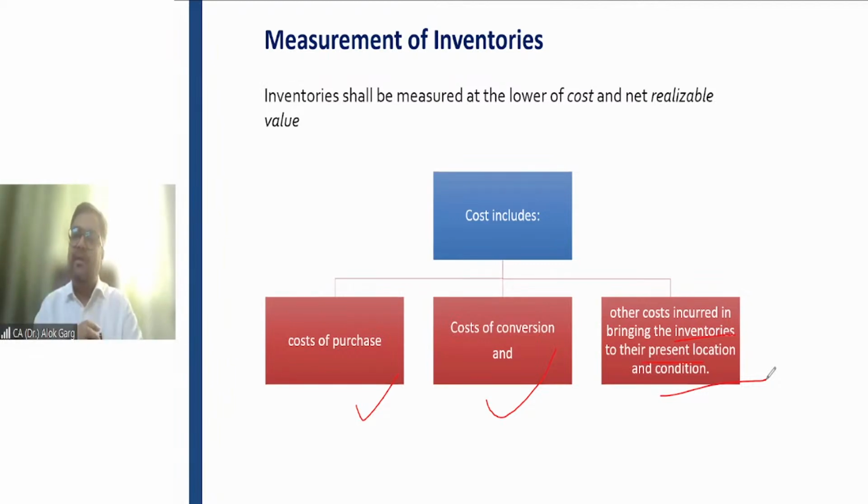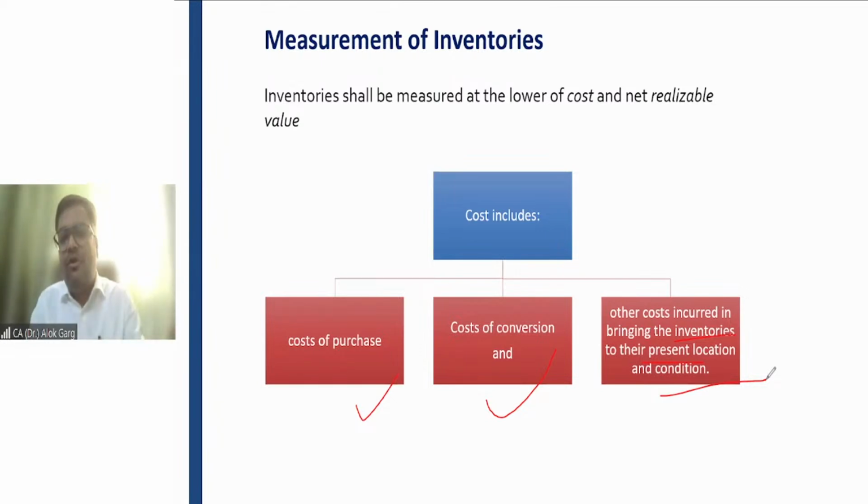Why? So that this wine will become a good wine. So that storage cost is necessary for this kind of industry and this kind of inventory for getting ready for its intended use.